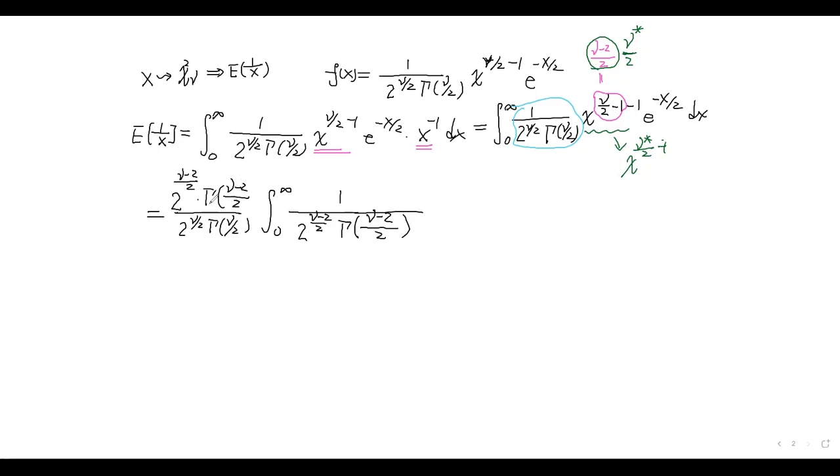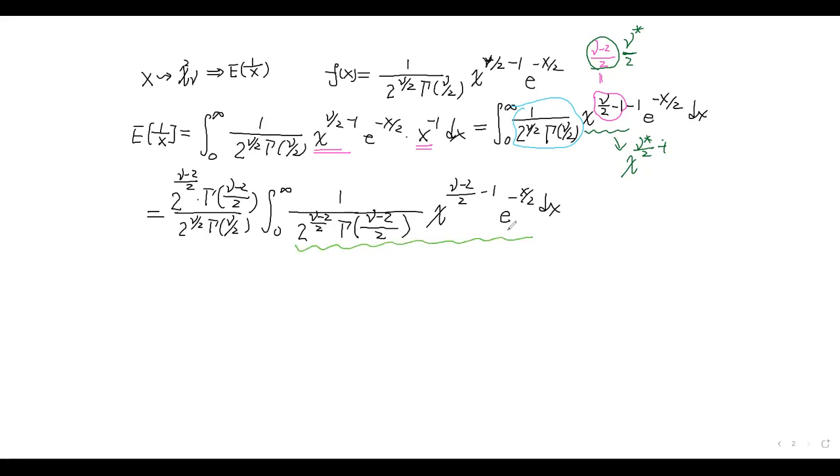And then in here, this will be my x to the V over 2 minus 1, e to the negative x over 2 dx.